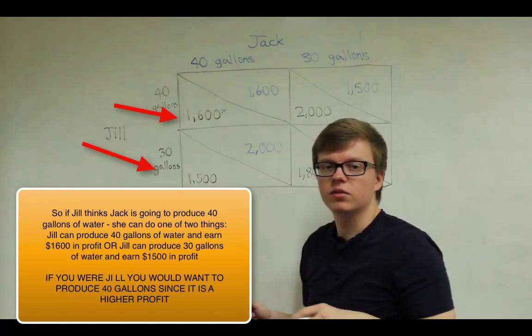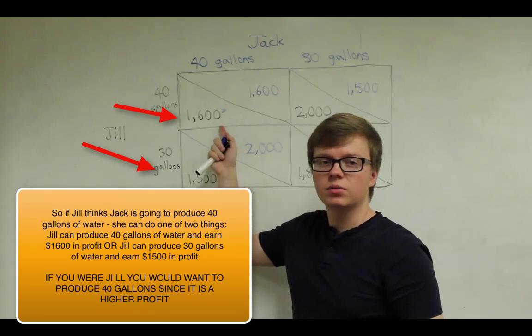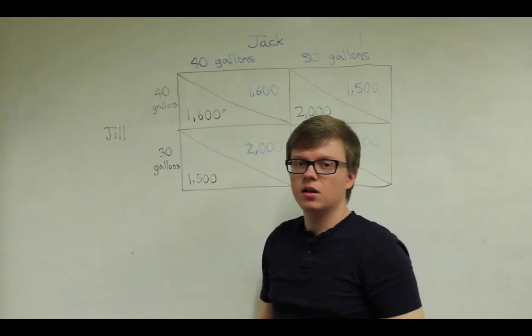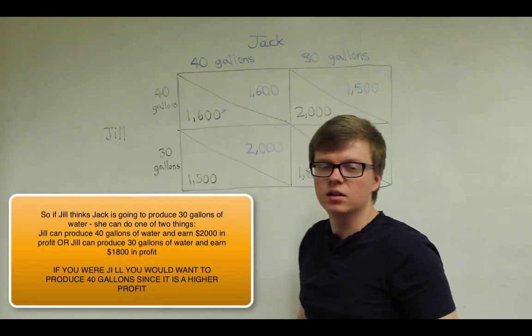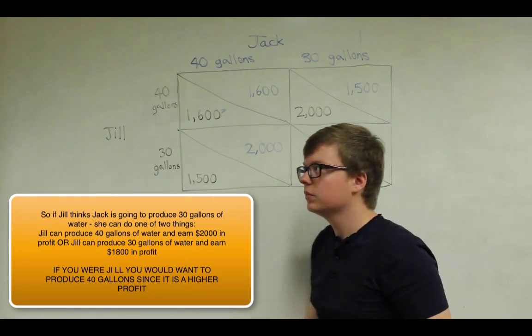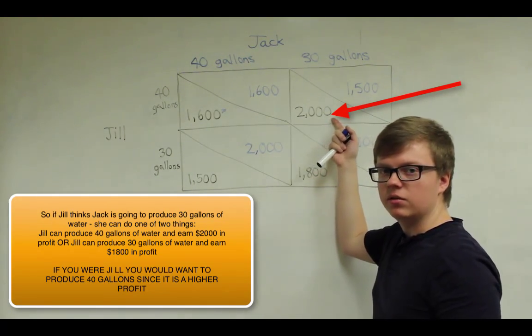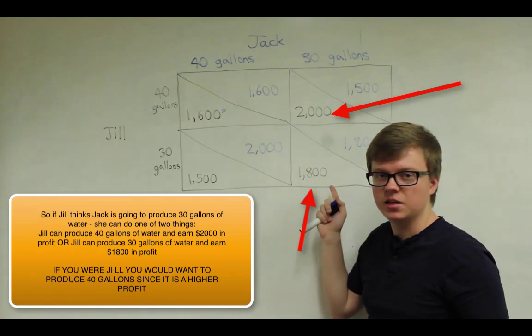So Jill, assuming she wants to maximize profit, will sell 40 gallons and earn $1,600 profit. I'm going to put a star to say that this is Jill's best response if Jack sells 40 gallons. Now, still looking at Jill, what if Jack instead decides to sell 30 gallons? Well, then Jill could either sell 40 gallons and make a profit of $2,000, or she could sell 30 gallons and make $1,800.